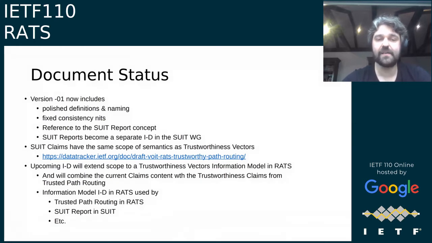And we will bucket the SUIT claims into that draft too, which probably means that we will abandon this claims draft as it is right now and recombine it into an information model about claims for trustworthiness that can be used primarily in attestation results, but also in evidence, we think, depending on the refinement of events created by an attester. So we assume that on both sets of conceptual messages, these claims could be used.